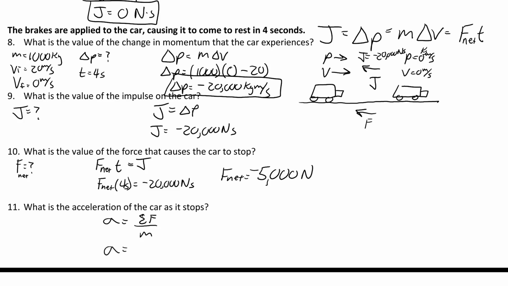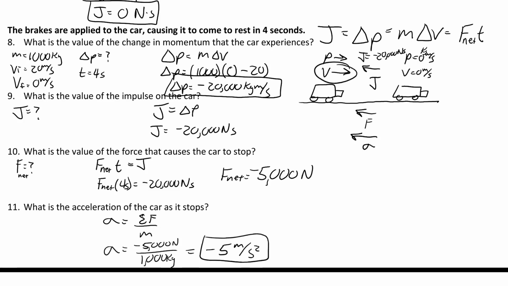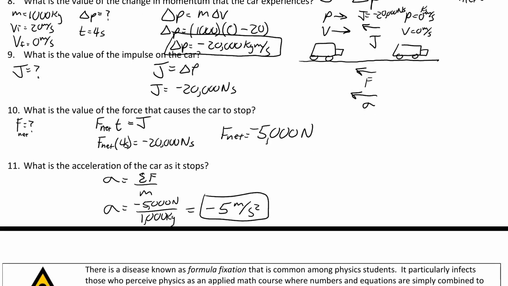So this is equal to negative 5,000 newtons divided by, it was a 1,000 kilogram car. So your acceleration is equal to negative 5 meters per second squared. So your acceleration vector is also pointing to the left, slowing you down. Anytime your velocity is opposite your acceleration, you're going to slow down. All right, very good.